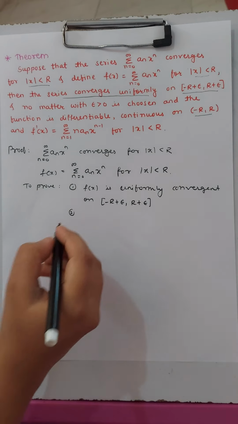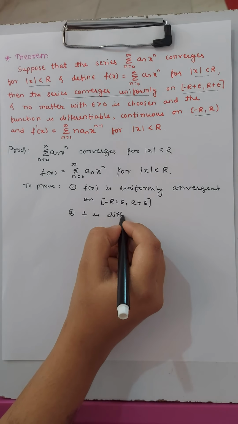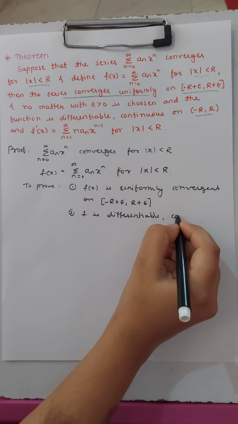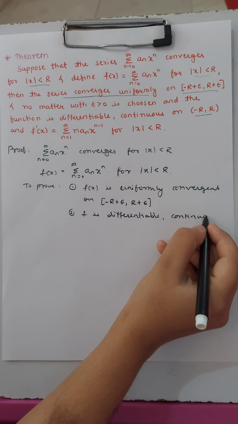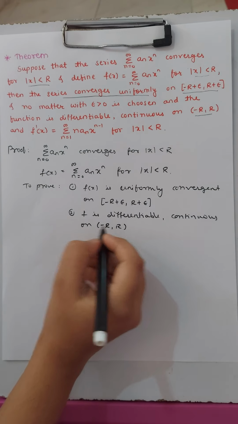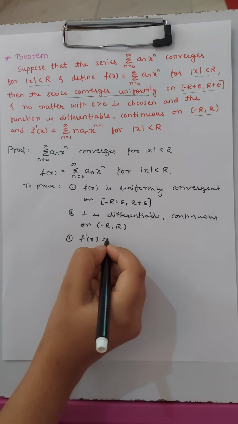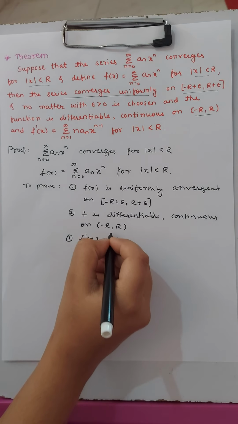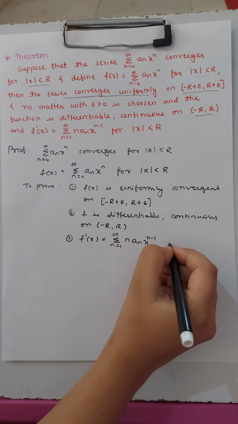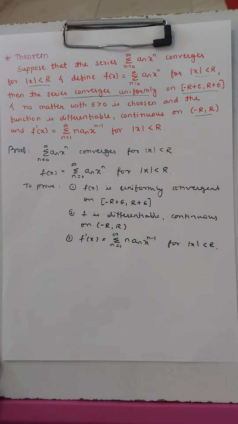The second thing is that this f is differentiable and continuous on the interval minus r to r. And the third thing is that f dash of x equals summation n from 1 to infinity n a n x to the power n minus 1 for mod x less than r.